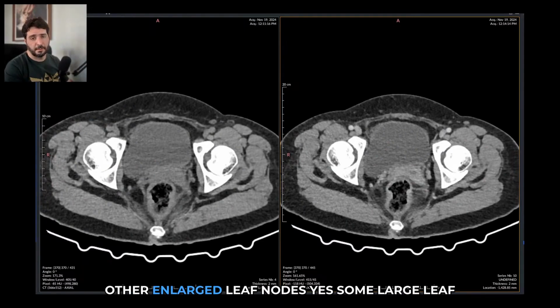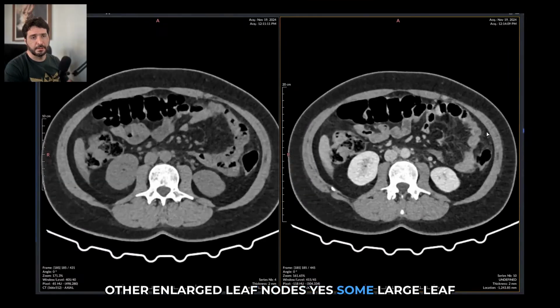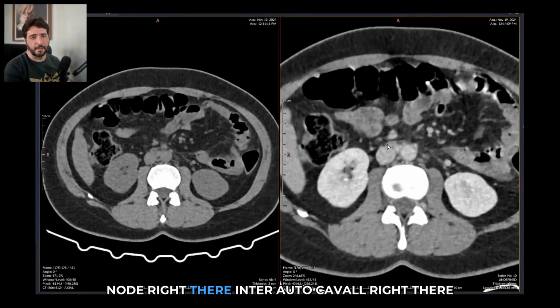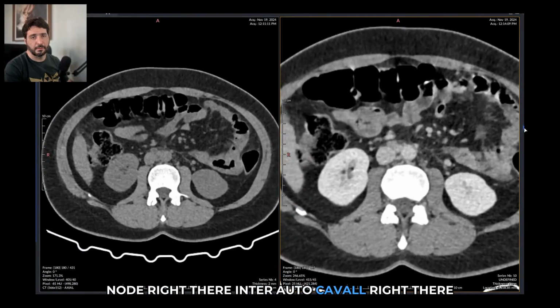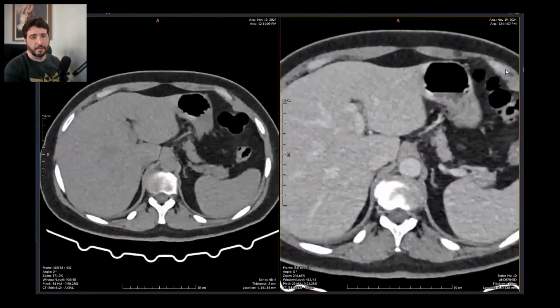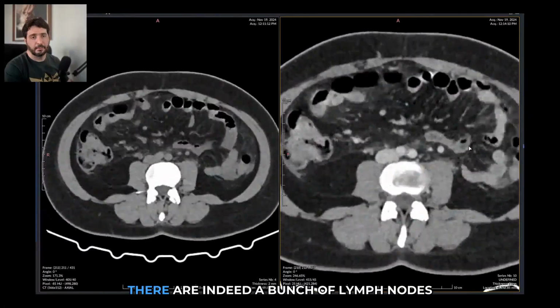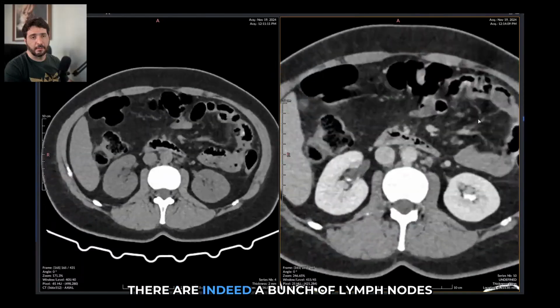Are there enlarged lymph nodes? Yes, some enlarged lymph nodes right there. Interaortocaval right there. Subcrural, precaval, para-aortic.